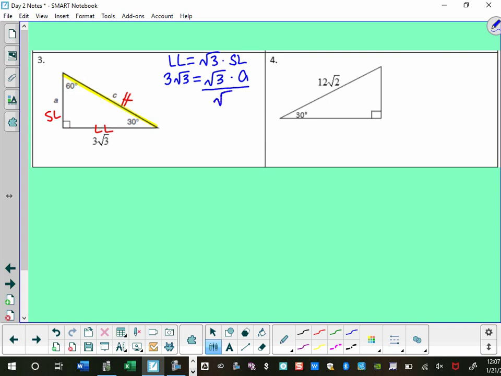Divide by root 3. What happens to those root 3's? They cancel out. So A equals what? You should just get regular 3, because it can also cancel out on this side.